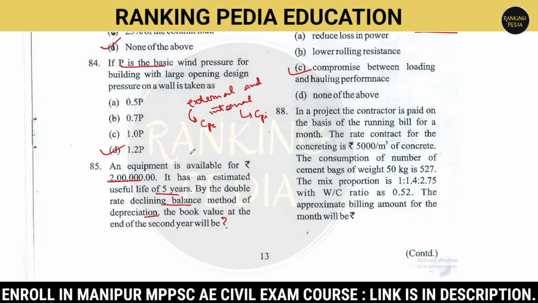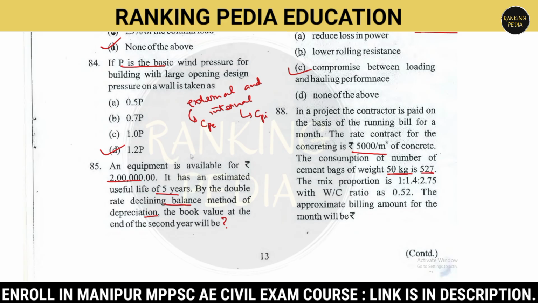Next question: in a project, the contractor is paid on the basis of a running bill for a month. The rate for concreting is 5,000 per meter cube of concrete. The consumption of cement bags of weight 50 kg is 527.